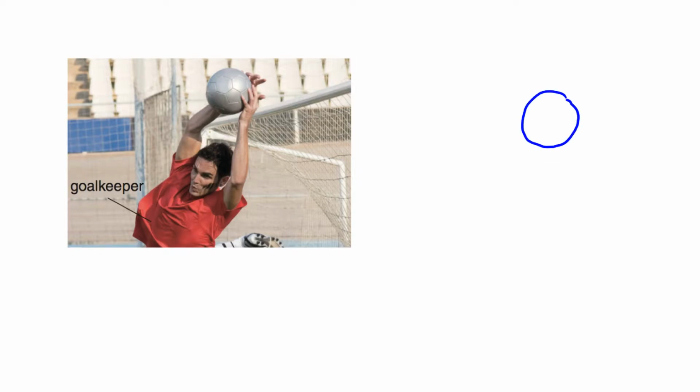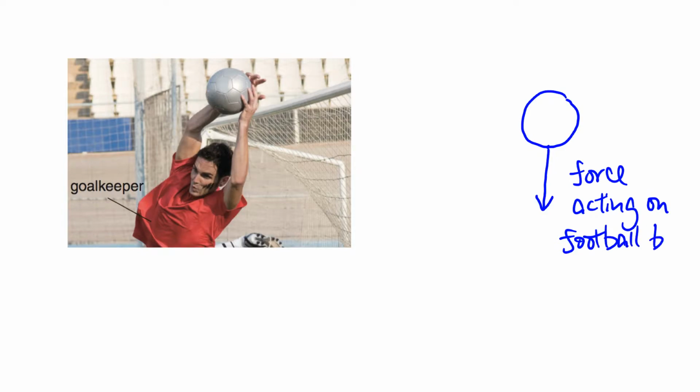There is a force acting on the football because the football is on the earth, pointing downward. Force acting on the football by who? This is gravitational force, so it's by the earth.